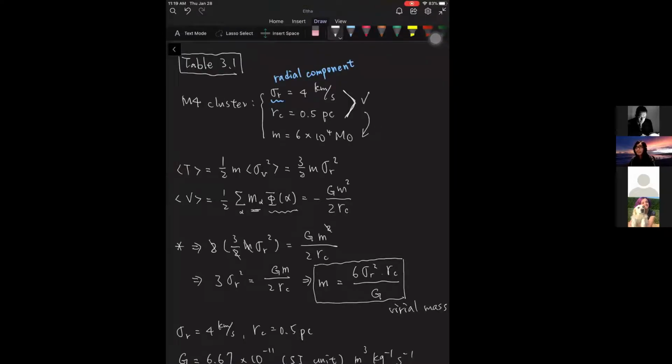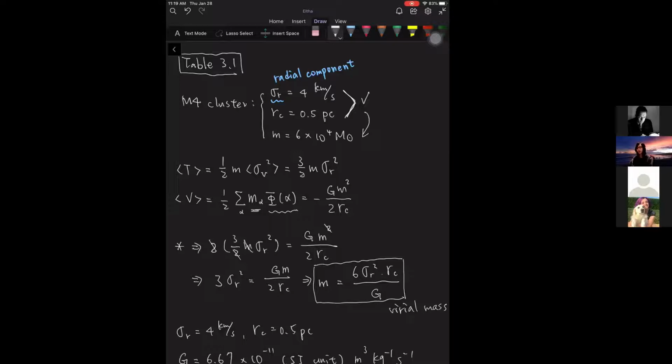Yeah, I have a question. In the course, the professor told us about a parameter in the virial mass, the Eta parameter, and I was wondering why it's not here. Okay, Eta.